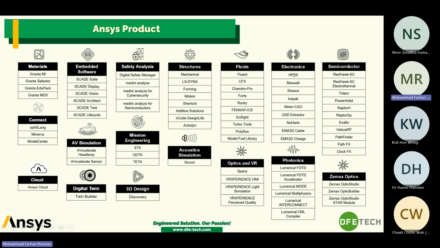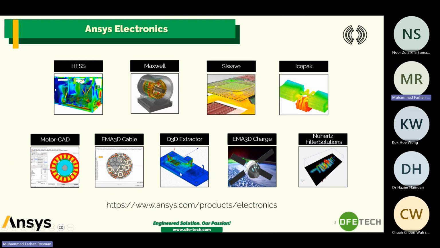Inside electronics, we have HFSS, Maxwell, SIwave, Icepak, Motor-CAD, Q3D Extractor, Nuhertz filter solutions, EMA3D Cable, and EMA3D Charge. If you want to know more about these electronics products, you can go through the Ansys website shown here. Today we'll be focusing on Ansys Motor-CAD.